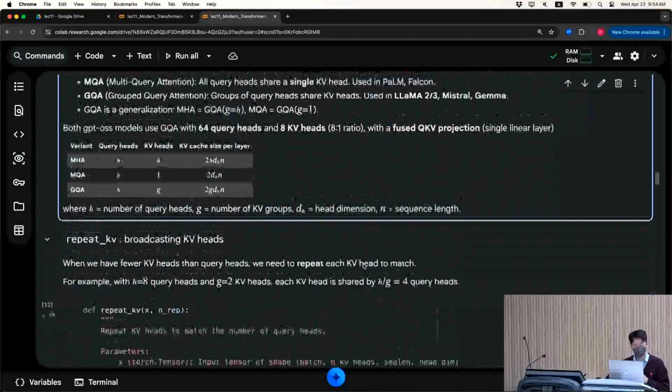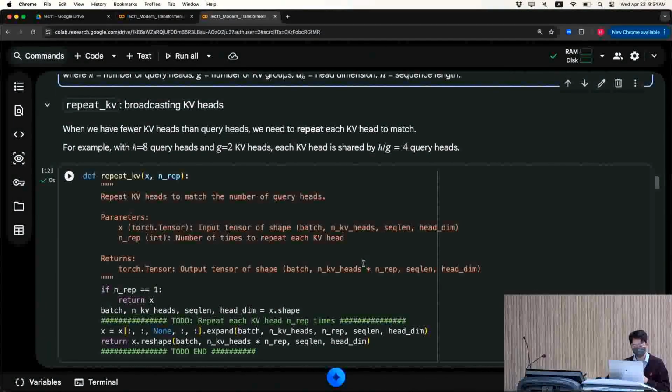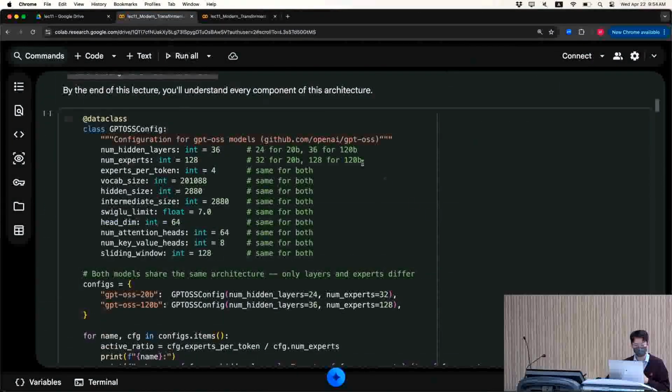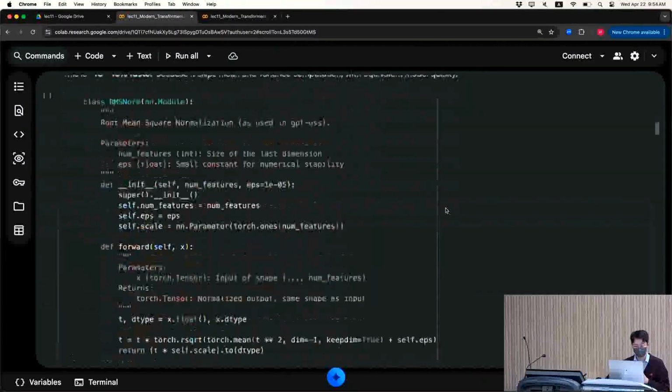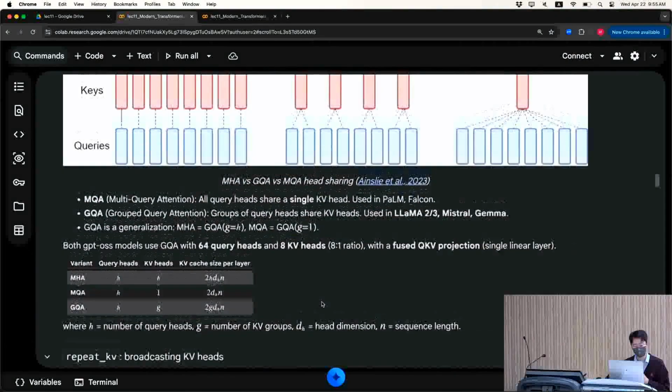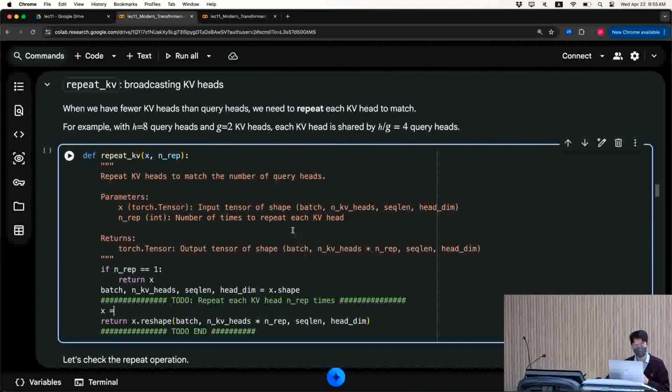All right, so the easiest way to implement this is to just copy these blocks according to how many copies you need based on the number of inputs. So here you have a 2-to-1 ratio. So you just simply copy this twice and carry out the attention as usual. That's what we're going to do here.